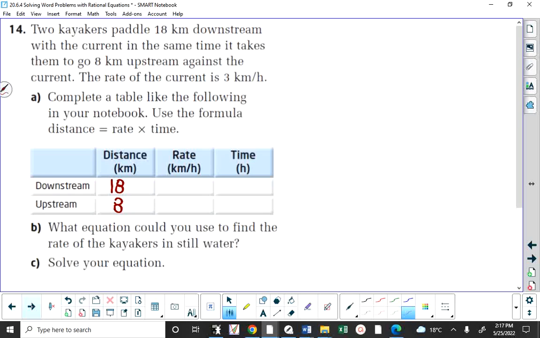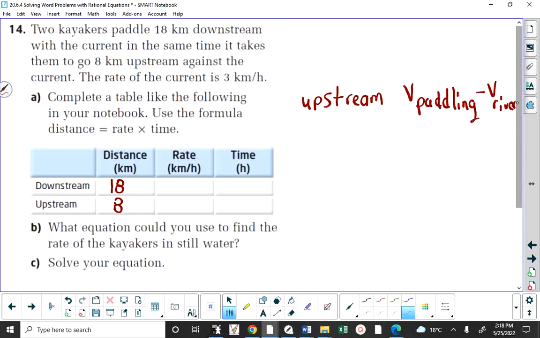The example we did in class, I gave you the rate at which they could paddle, right? And let's just do this in a general way. When they were going upstream, we took the rate of the paddling and we subtracted the rate of the river.